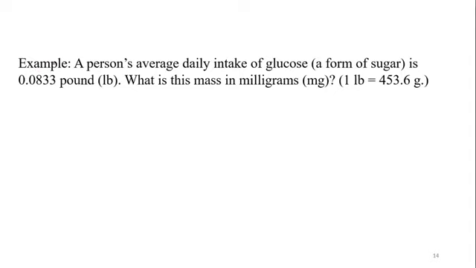Here, a person's average daily intake of glucose is equal to 0.0833 pound. What is the mass in milligrams? I have to first identify what my given unit is. My given unit is the pound, and my desired unit is the milligram.